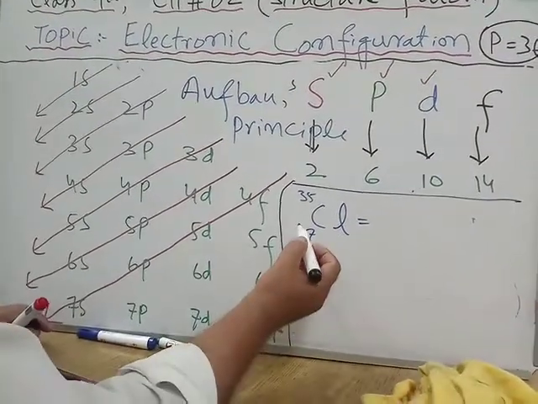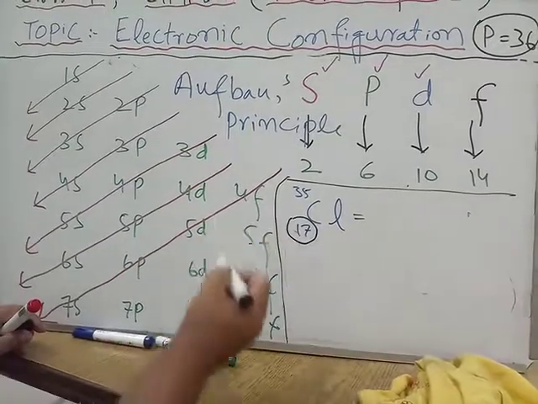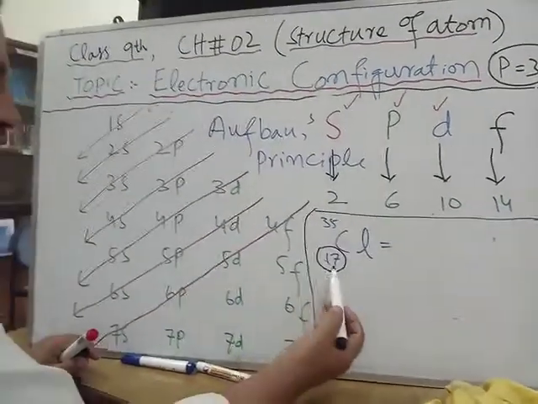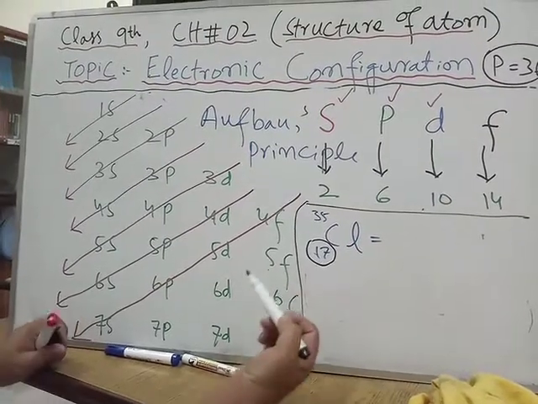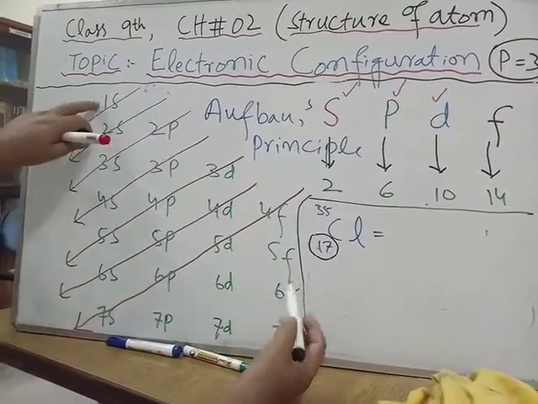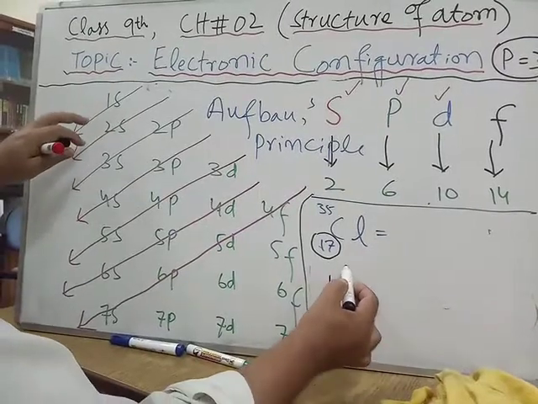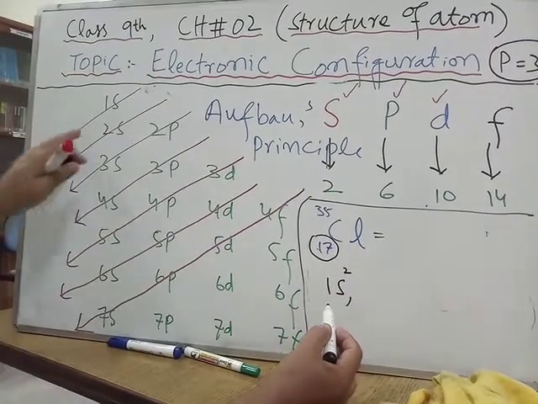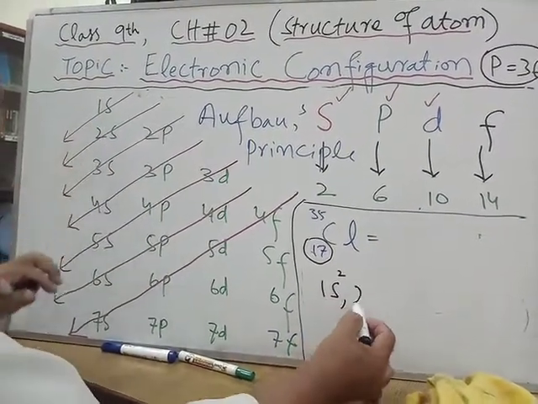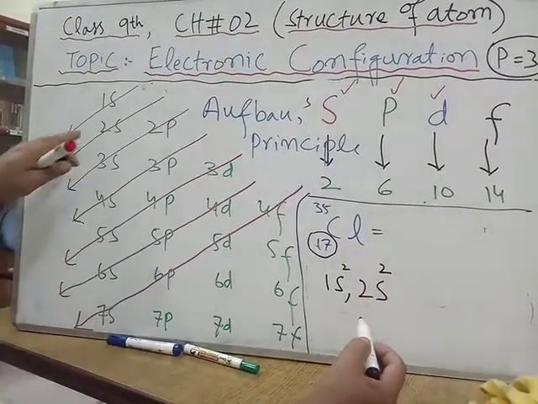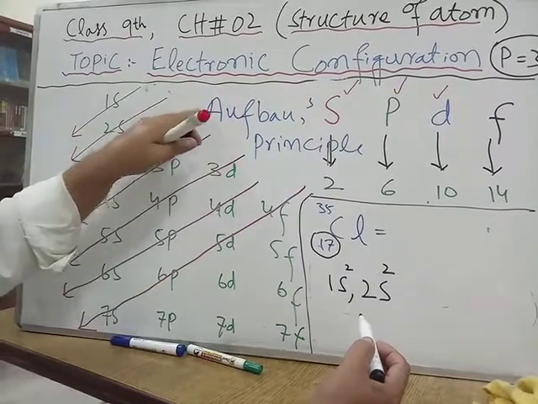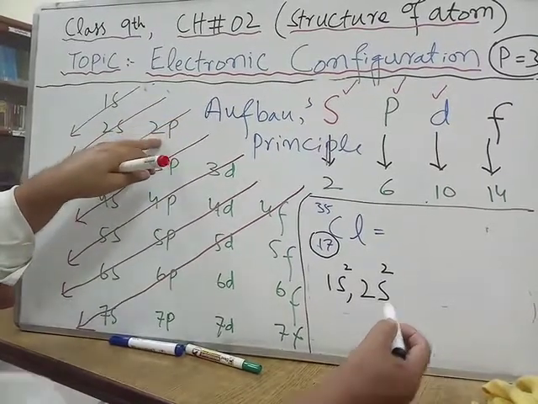Again, this atomic number shows the total number of electrons, so I have to accommodate 17 electrons in total. So again start with 1s, s can accommodate 2 electrons, then towards 2s, 2s can accommodate 2 electrons, then from 2s go to the next, 2p.